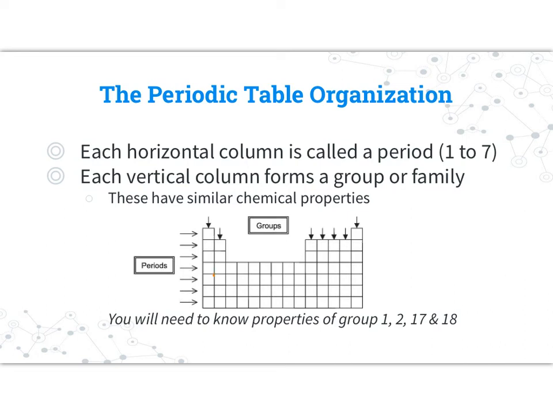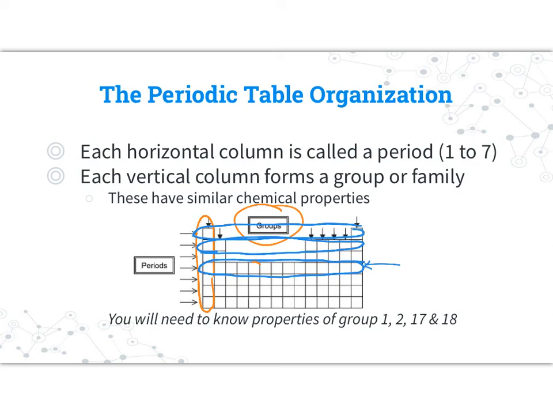So groups are these columns, and periods are rows. Now we can have a full row like this. Our first row just contains 2 elements. Our next row contains 8, and this row contains 18. So we can have various different numbers of elements in each of these.